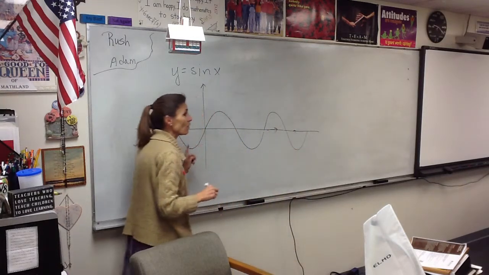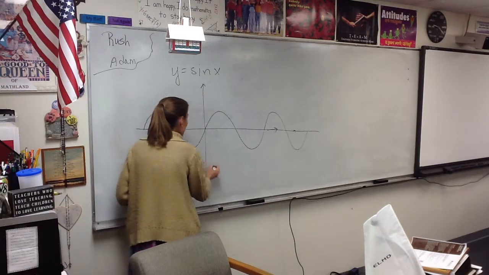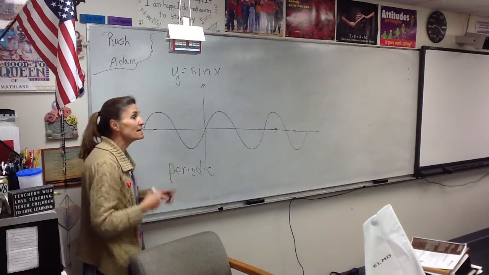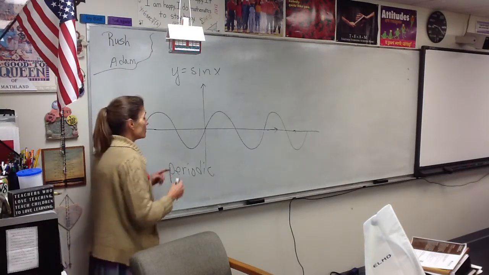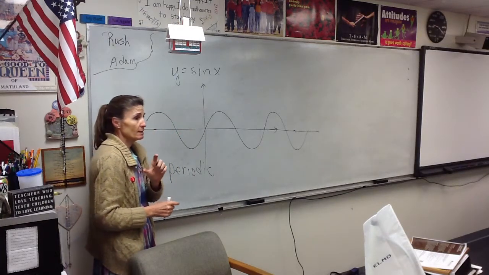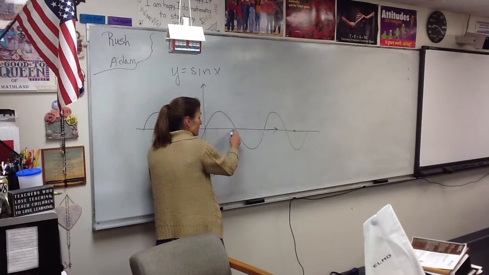The sine is what we call a periodic function. What it means to be periodic is it just keeps repeating itself. The chunk that repeats itself is called the period. Now, what repeats itself? One hill and one valley.